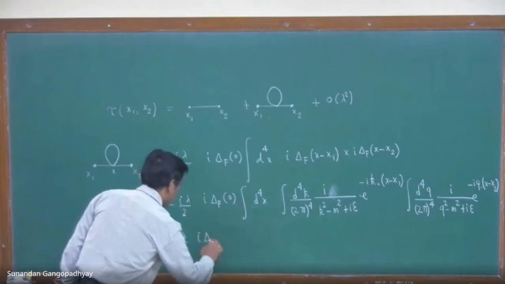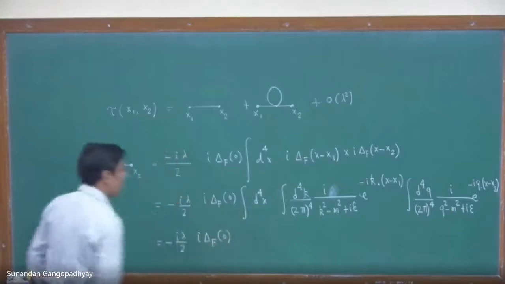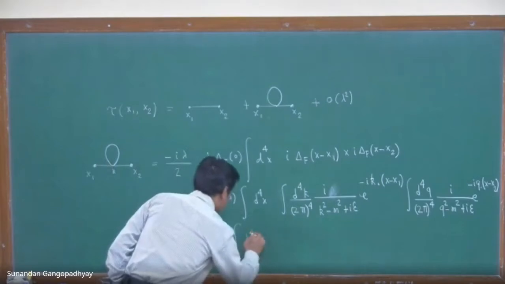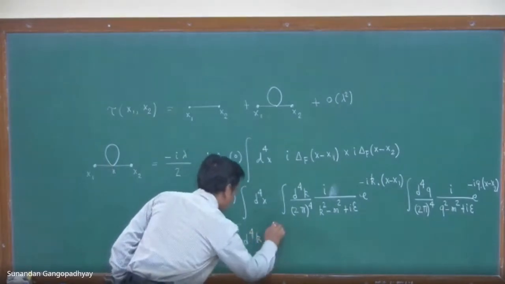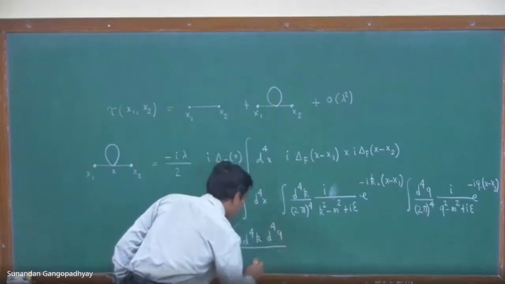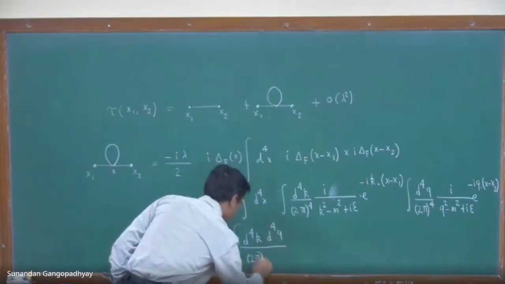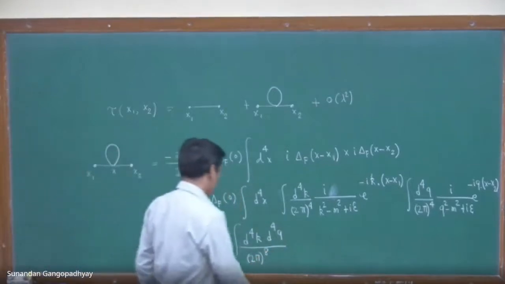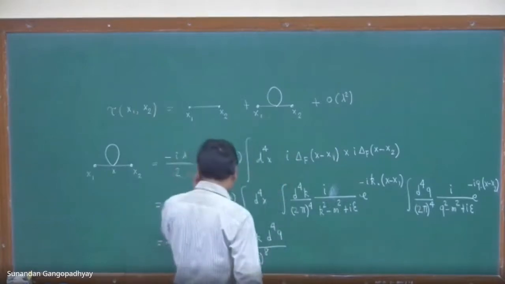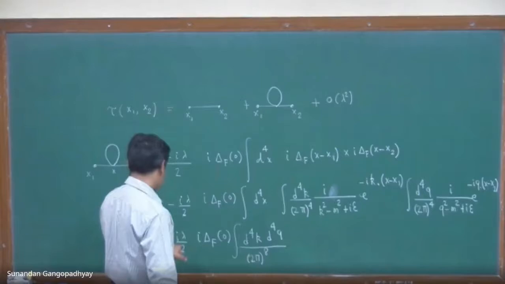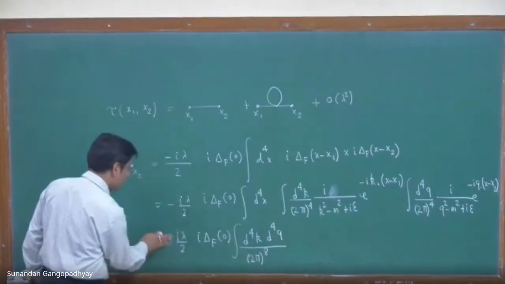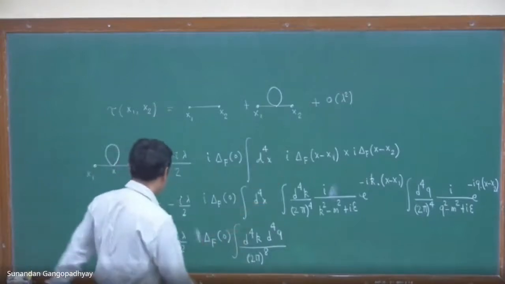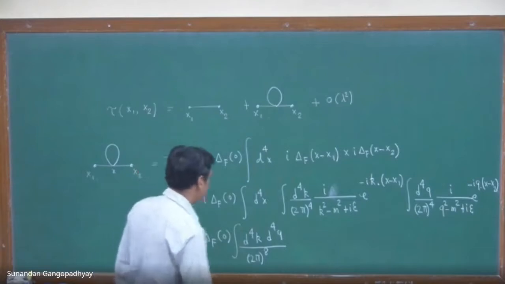Then we have these momentum integrals d^4p. Then what we can do here is we get rid of this, i times i, that is minus.